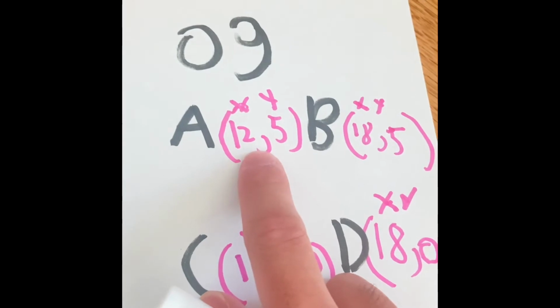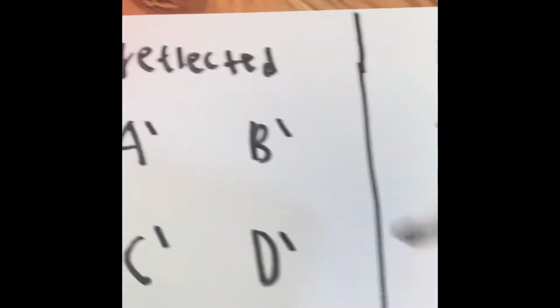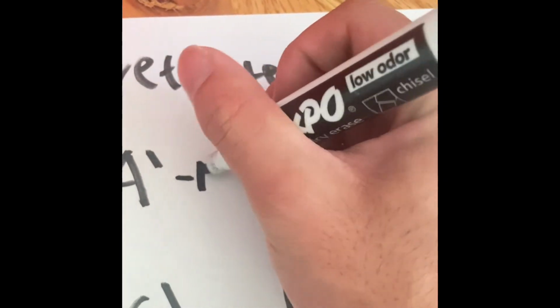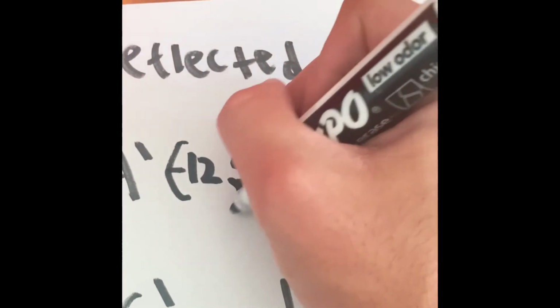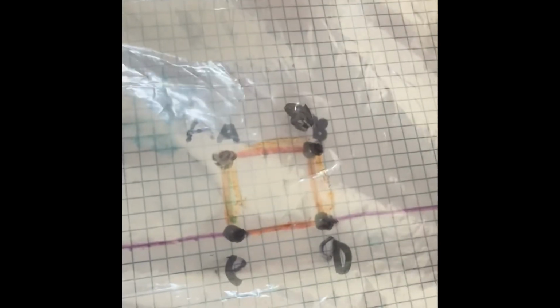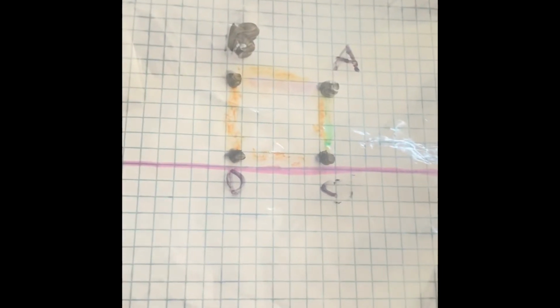So A was 12, 5. Now we're going to change it to negative 12, positive 5. The reason is that when we reflect this over the y-axis, this is where it started, right here. But when we make our reflection, the change is in x, not the change in y.